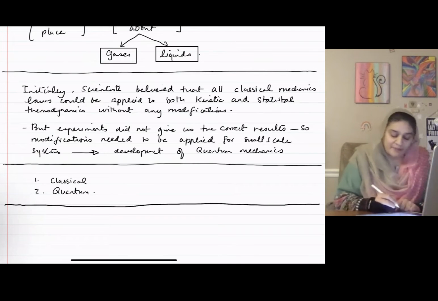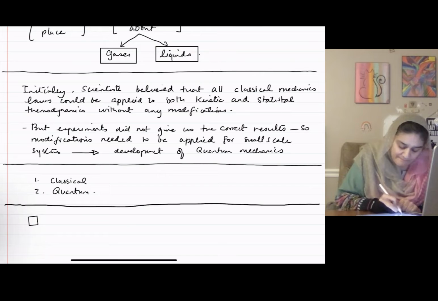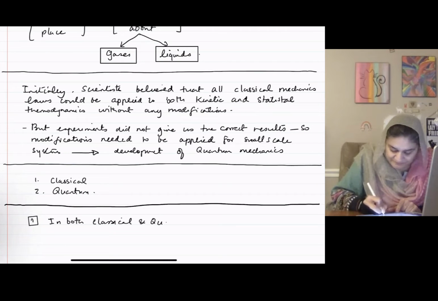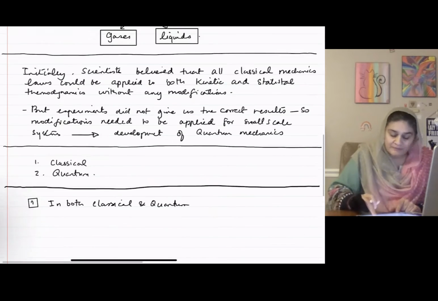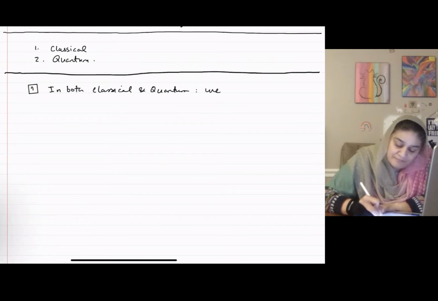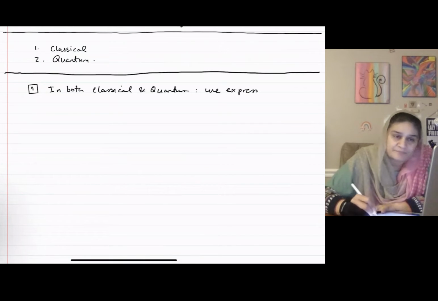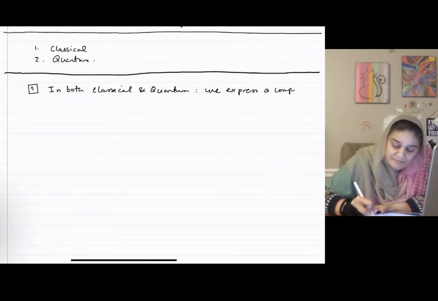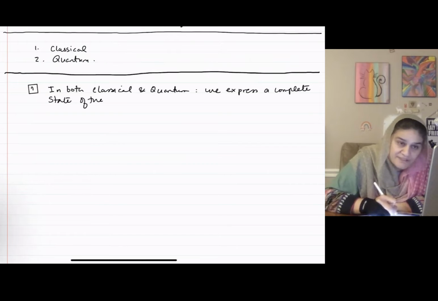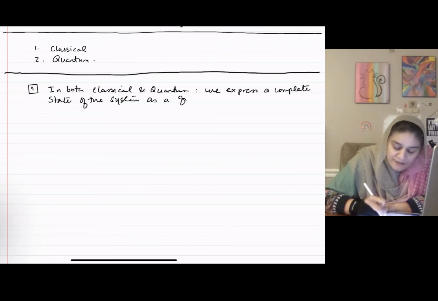Okay, so in both types, classical and quantum, we express a complete state of the system as a function of time.